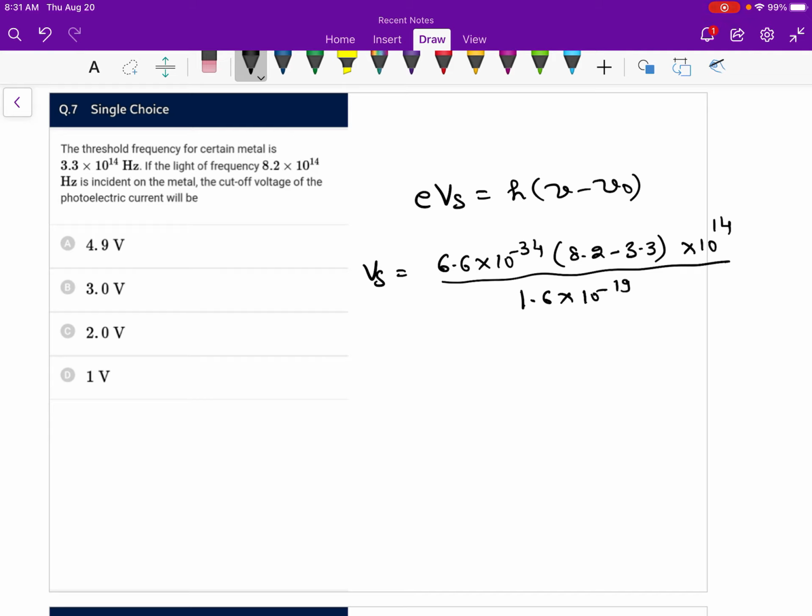So this is 8.2 minus 3.3, which is 4.9, and 4.9 upon 1.6 is approximately 3. So 3 6s are 18, 20. So approximately 20 into 10 to the power minus 1, that is 2 volts. Okay, so C is the correct option.